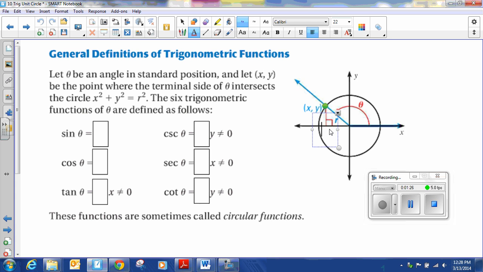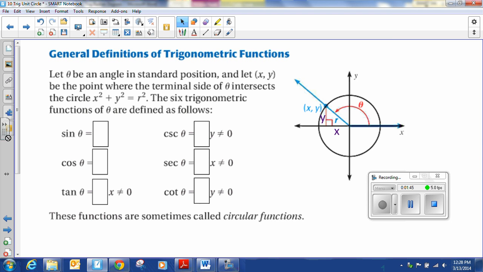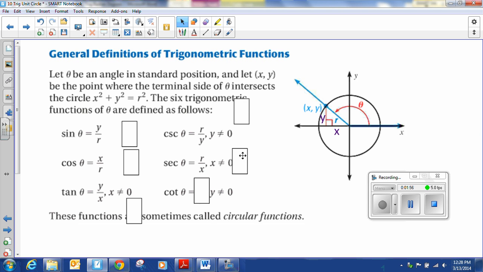This value here is actually x, and the vertical leg is actually y. Based on that, we can say that sine is opposite over hypotenuse, which is y over r. Cosine is x over r, tangent is y over x, and cosecant, secant, and cotangent are the inverses or reciprocals of each of these functions.